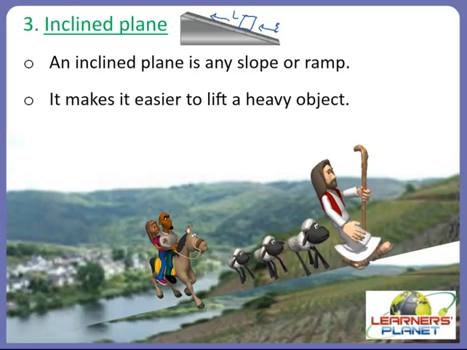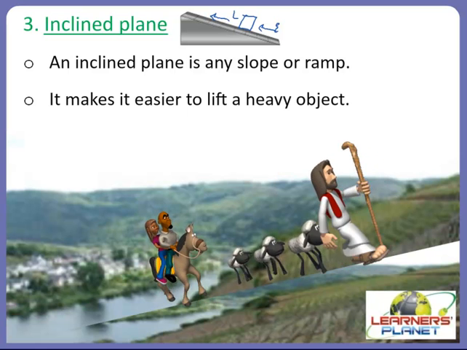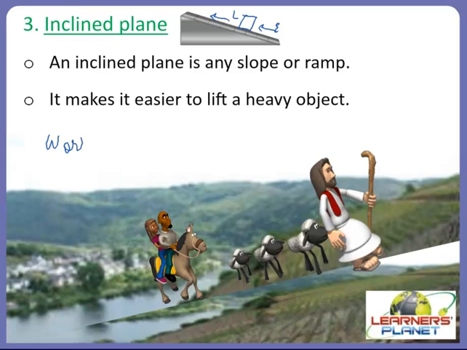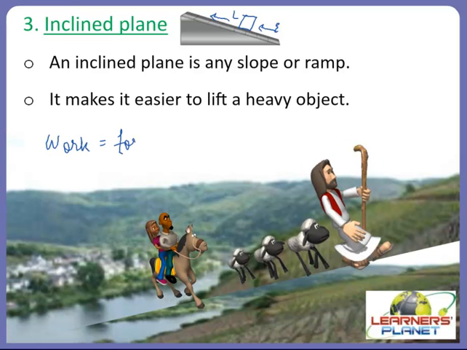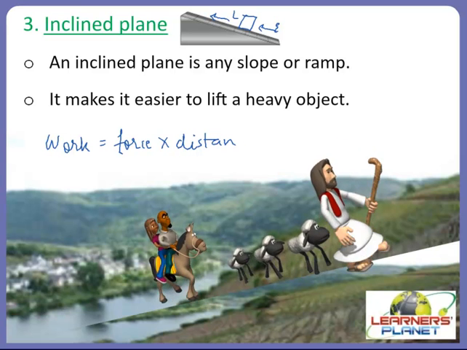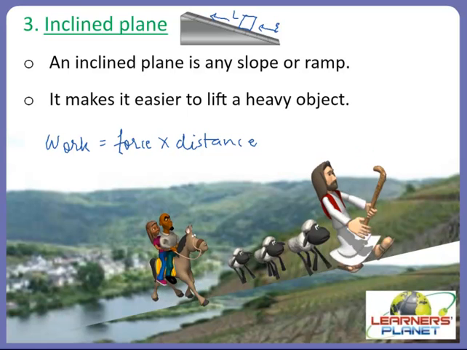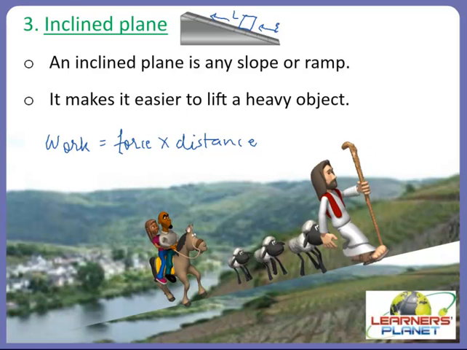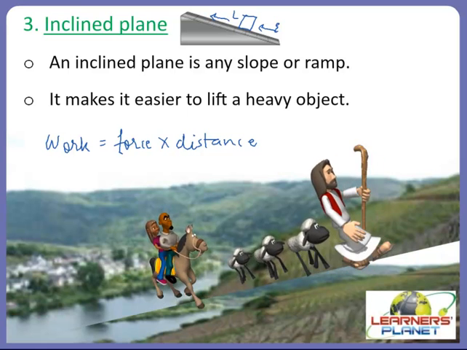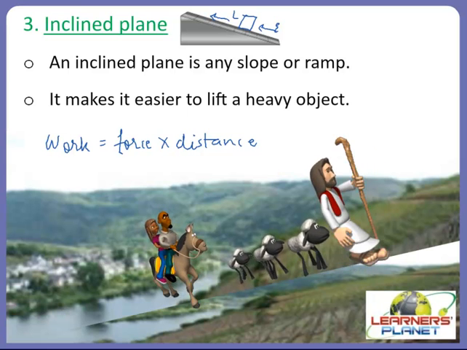Now try to recall, the amount of work remains the same means what is work? Yes, work is equal to force into distance, or force multiplied by distance. So if we increase the distance the object or the rock moves, we can decrease the amount of force we need.